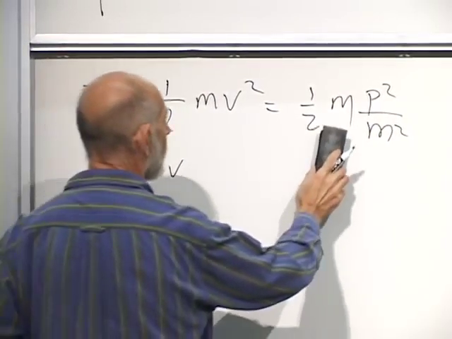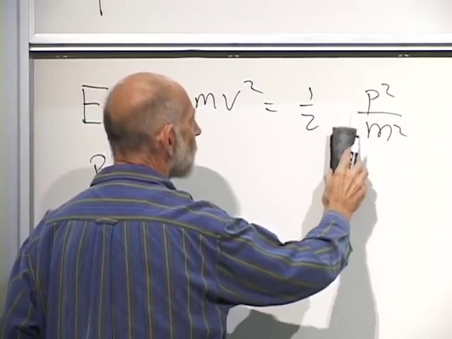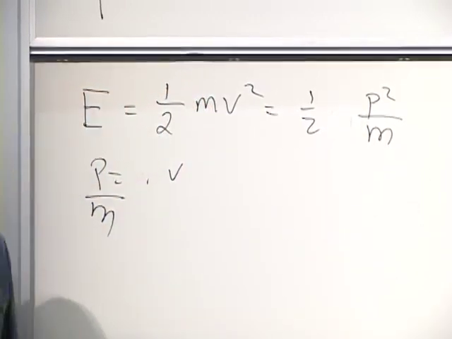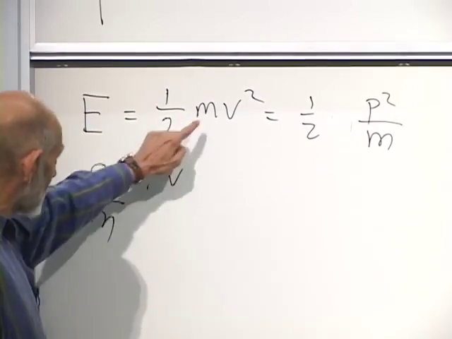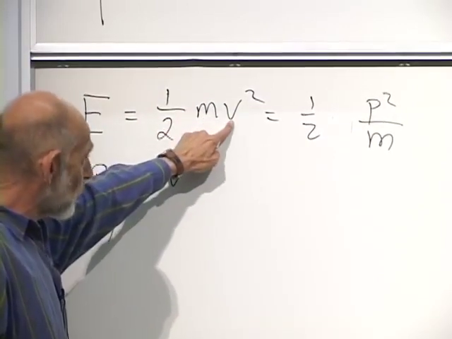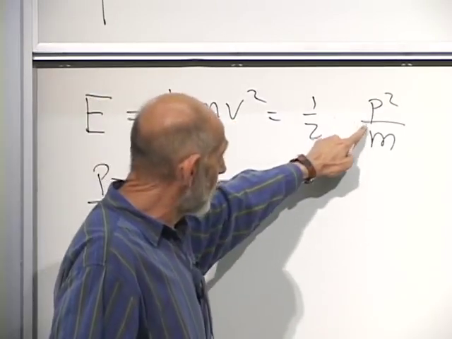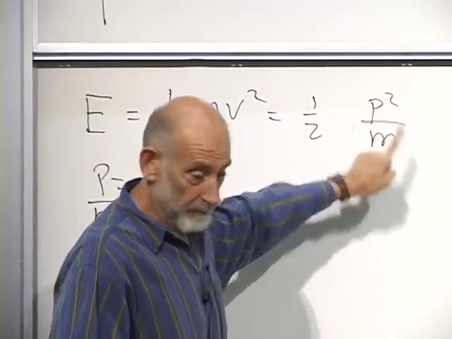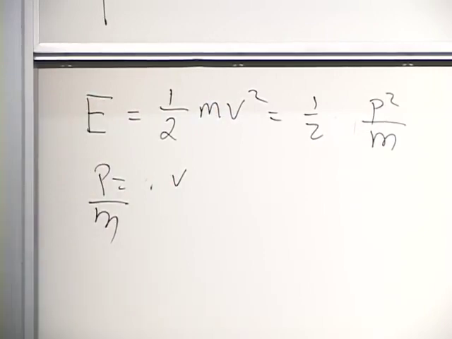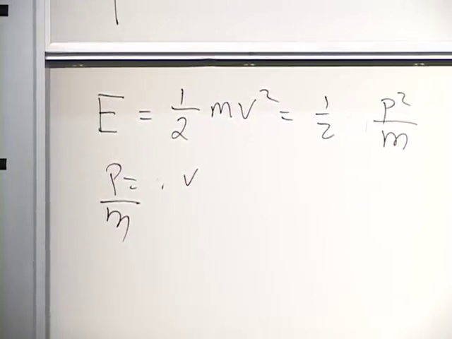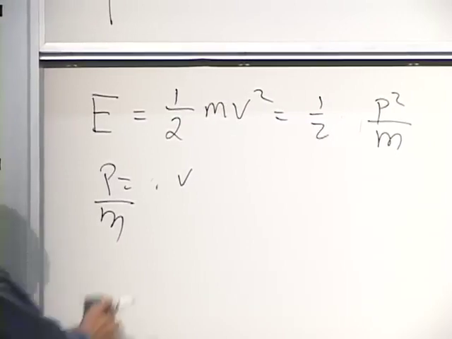It occurs over and over. The energy in terms of the momentum is 1/2 p squared divided by m. People get confused. The m is upstairs when you multiply by the velocity squared. It's downstairs when you multiply by the momentum squared. Okay, now we have what we need to find the relationship between frequency and wavelength.